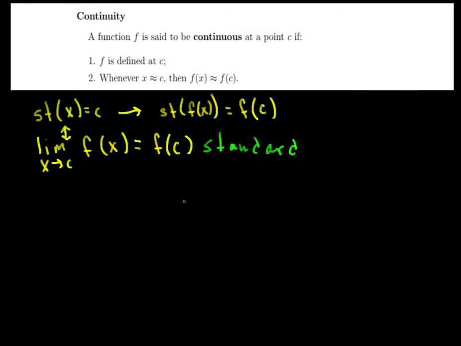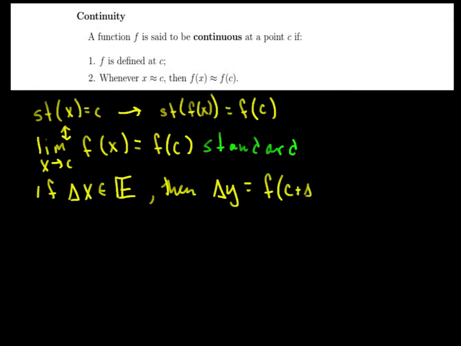Another way to characterize continuity is if delta x is an infinitesimal, then delta y, which is f of c plus delta x minus f of c, is also infinitesimal. And why should that be the case?